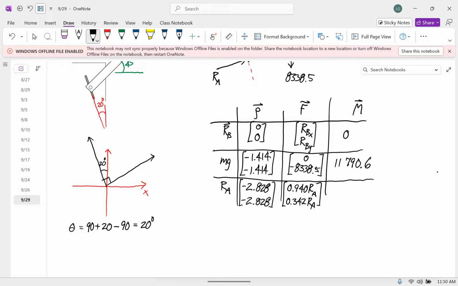So negative 2.828, negative 2.828, crossed with 0.940, 0.342. And you get 1.691 RA.